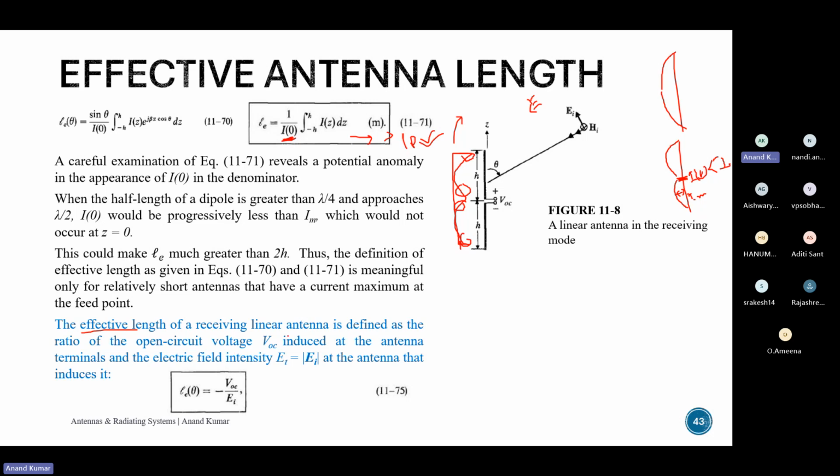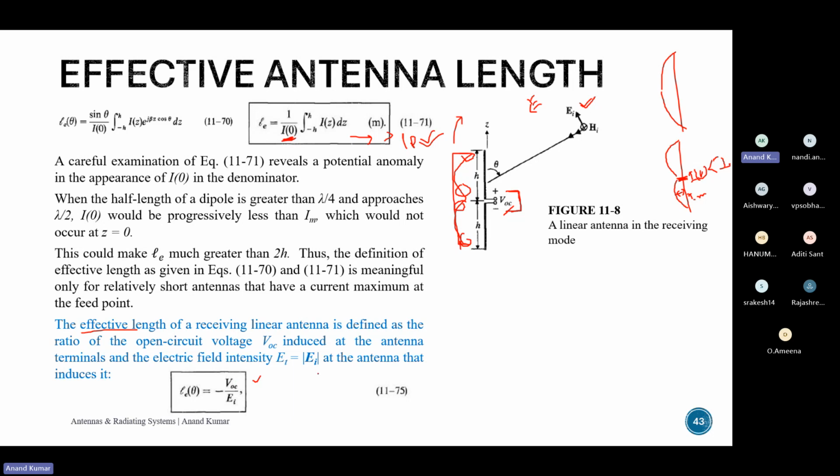For bigger antennas, we define the effective length differently, and this expression is the voltage at the port upon the electric field in the far field.